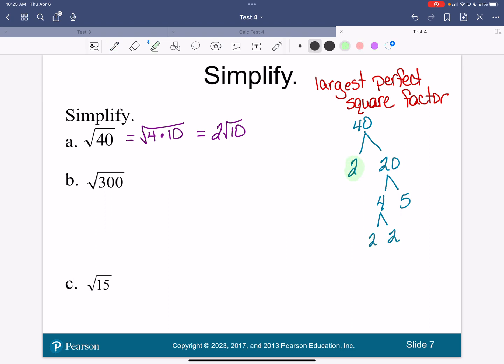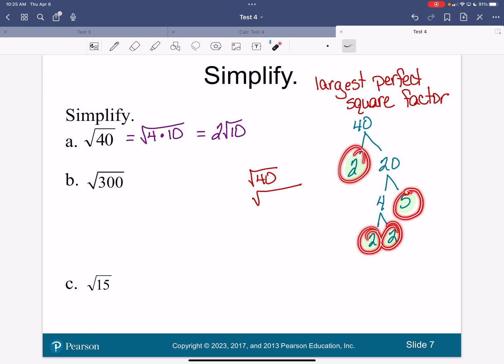So I've got 2 times 2 times 2 times 5. Okay? So this is an alternative to what we just did right here. So I can have the square root of 40, and then I can rewrite the square root of 40 using the 2, the 2, the 2, and the 5. Okay? So I've got 2 times 2 times 2 times 5. Okay?